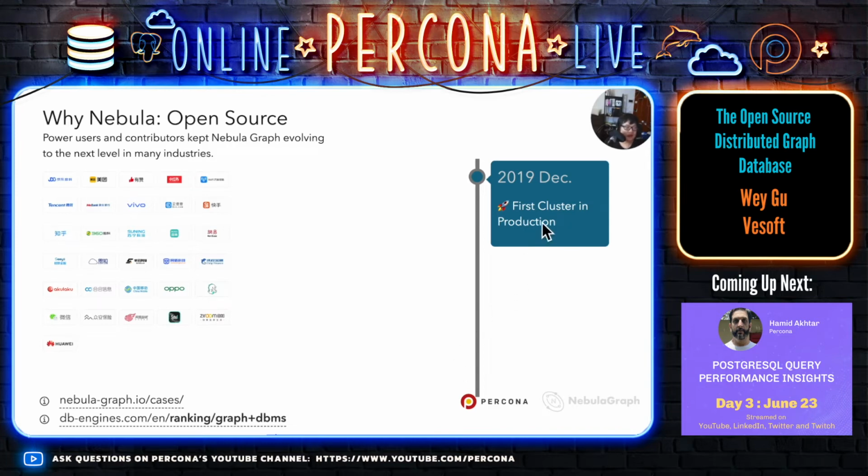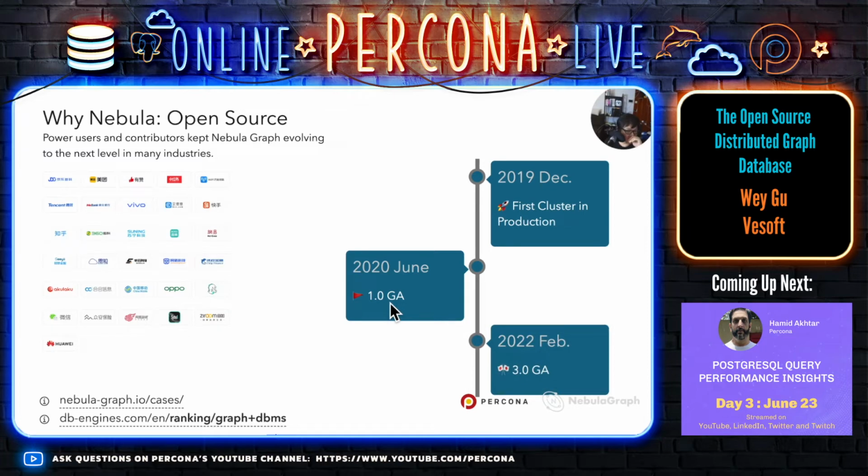We had our first production user in 2019, we open sourced in 2018, in 2020 we had our 1.0 GA, and at the beginning of this year we had 3.0 GA. We brought a lot of new optimizations to Cypher and pushdown, and we brought a lot more toolchains to the ecosystem.